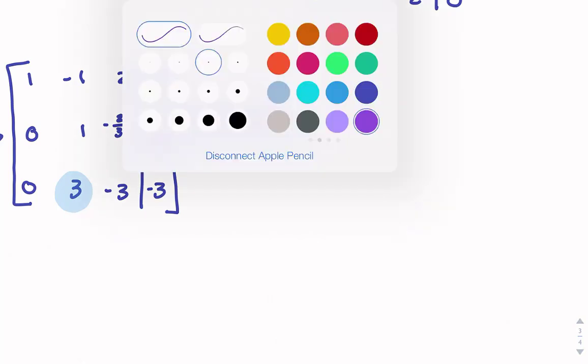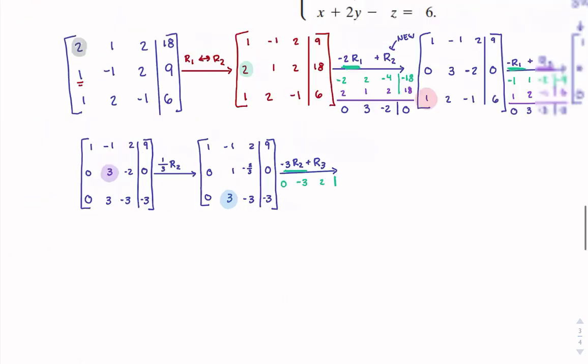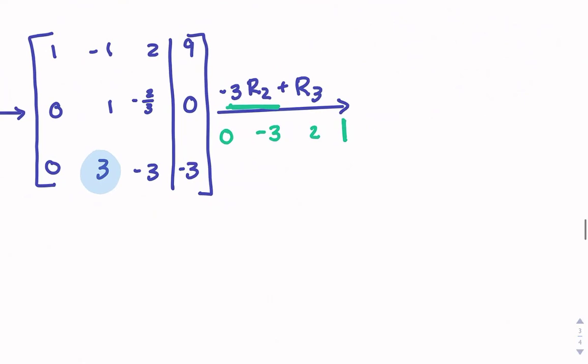When I multiply row 2 by -3, so this green part here, I would get 0, -3. Well, -3 times -2 over 3 is just 2. And then I would get 0.